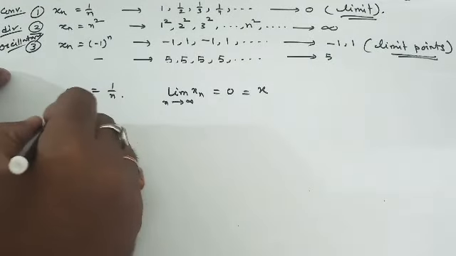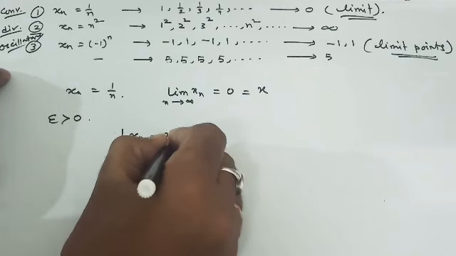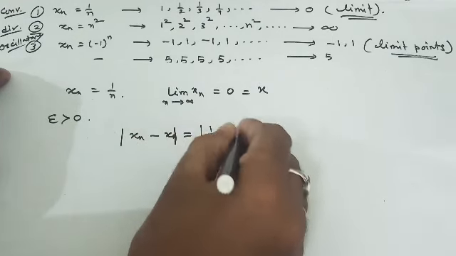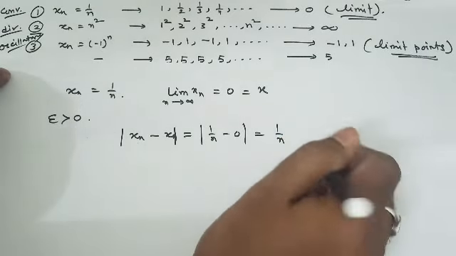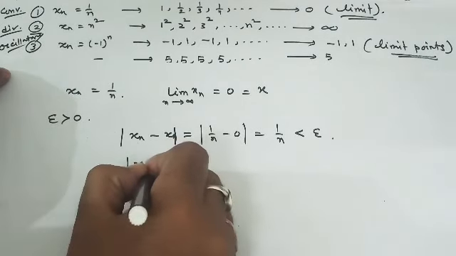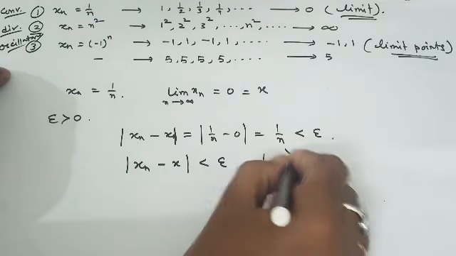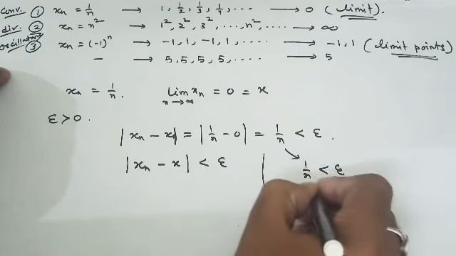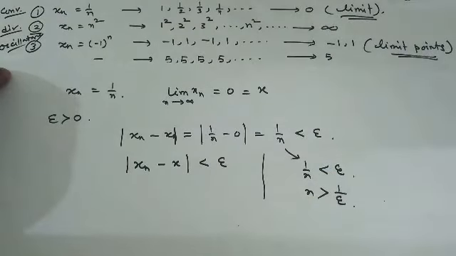So for epsilon greater than 0, you have xn minus x, that is 1 by n minus 0, that is 1 by n, and your duty is to make it less than epsilon. So you put xn minus x less than epsilon. But here what you get from this part is 1 by n less than epsilon. So n greater than 1 by epsilon, correct?